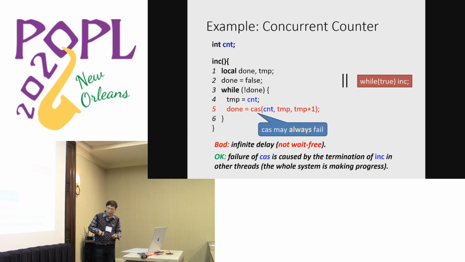But on the other hand, it might be acceptable because this failure is caused by the successful case from the environment. If we look at the whole system, there's always some method call of inc that terminates. So in this sense, it's still acceptable.